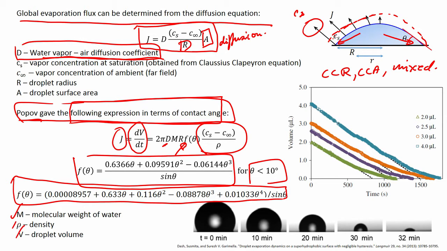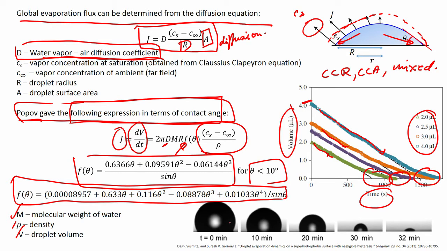v is the droplet volume. If you plot this kind of volume flux with time, you will find that this is the kind of trajectory that the droplet follows for all volumes. These are of different volumes, so their starting points are obviously different, but they show almost a linear trend with time, except towards the end where you start to see a change in the slope.